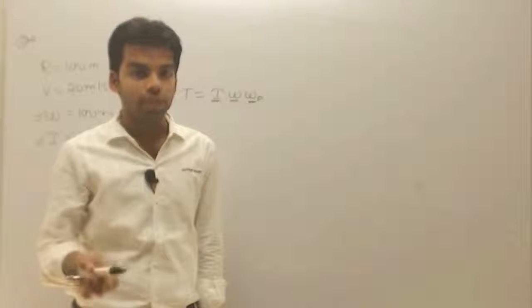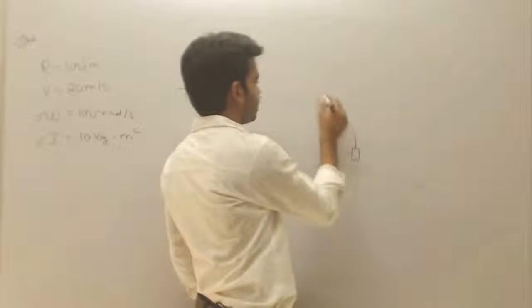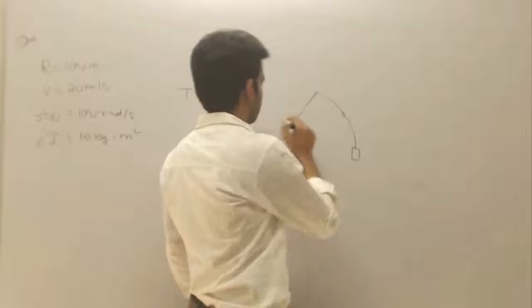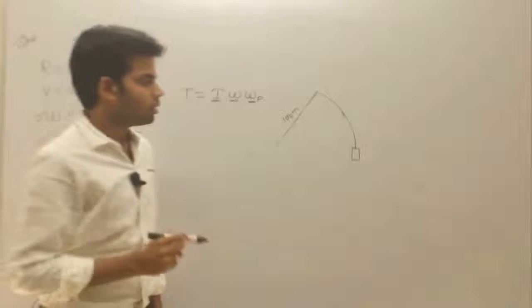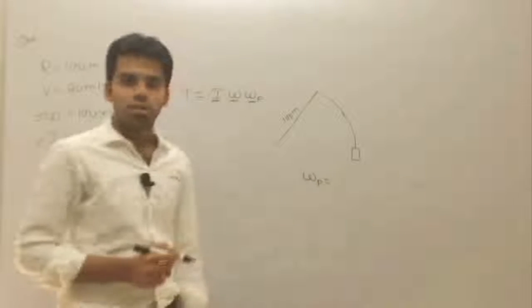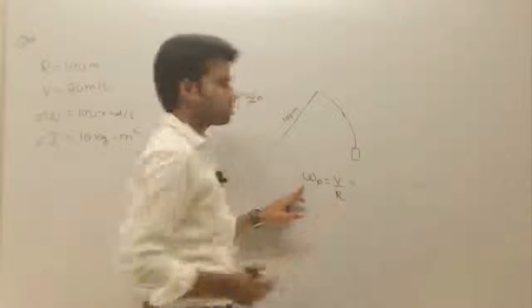Now how can we determine the angular velocity of precession? This is the car, taking a curved path, and the radius of curvature is 100 meter. So this omega p is nothing but v by r, since v is equal to omega into r.